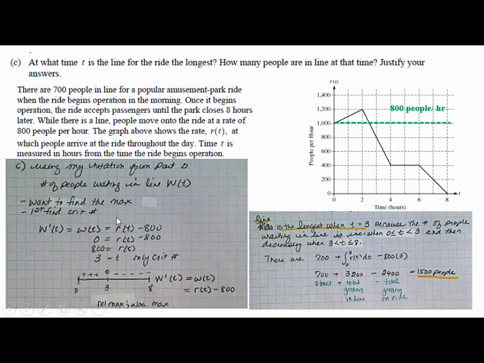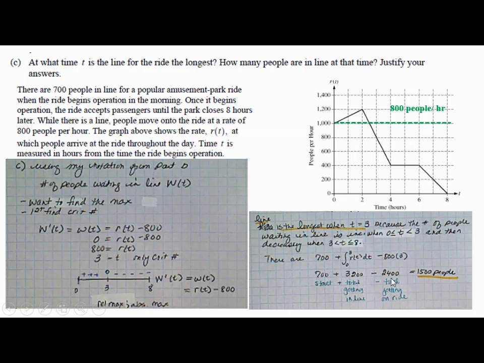So total change would be the integral of r of t minus 800, which I have separated here. When you take the antiderivative of 800, it would be 800x, or actually in this situation, 800t, and 0 to 3 would be that right there.